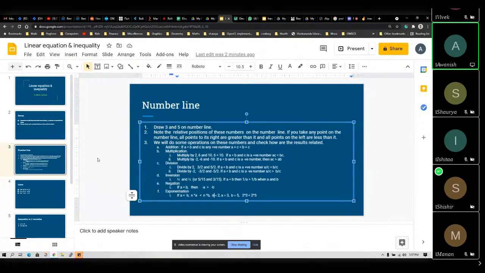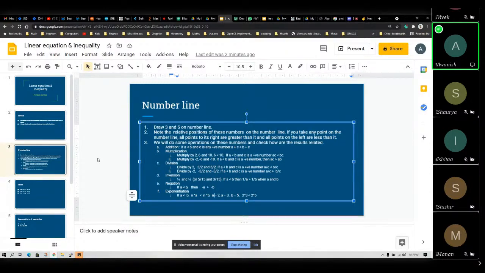What if n is negative? That's a good question. That's one part of it, and then we can continue further in exponentiation. And what if A and B are on opposite sides of zero? So far we have always talked about when both A and B are on the same side.